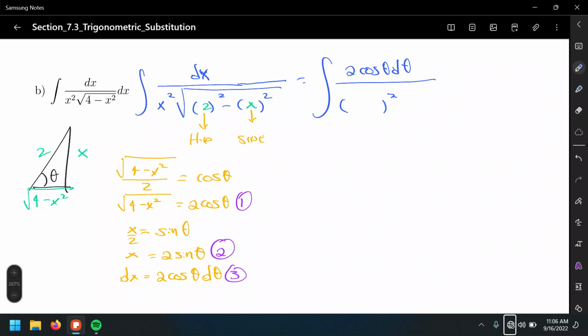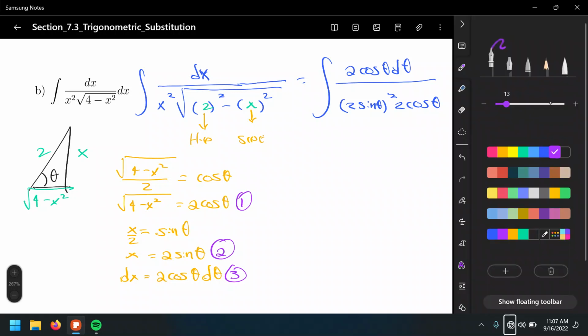And we will no longer write down this radical. That's actually the purpose of trigonometric substitution: get rid of those radicals and write it in terms of trigonometric functions. And for the radical, we got 2 cosine theta. Inside of the parentheses, that's 2 sine theta. And that's the integral. Most of the time these trigonometric integrals may look ugly at first glance, but once we have a look at them, you'll see how this will simplify very nicely.